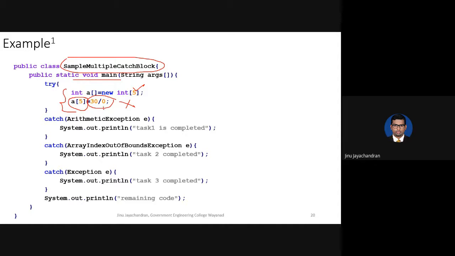This exception will be caught by this catch block, which is arithmetic exception. This exception will be caught by this catch block, which is array index out of bound exception. Okay, and it will come out and print the last statement. So you can have any amount of code here and any amount of catch blocks here, so that whichever exception is thrown, the corresponding catch block will catch it.